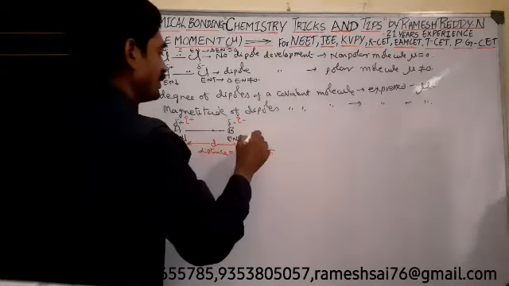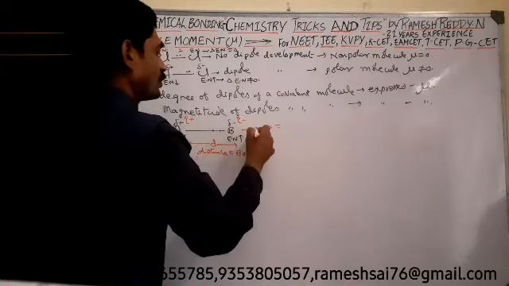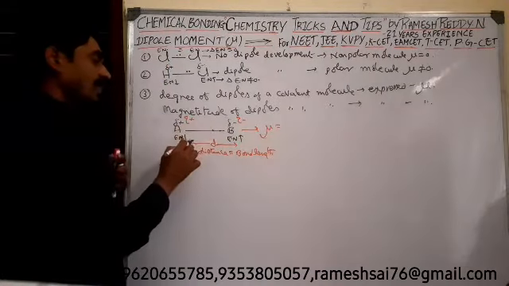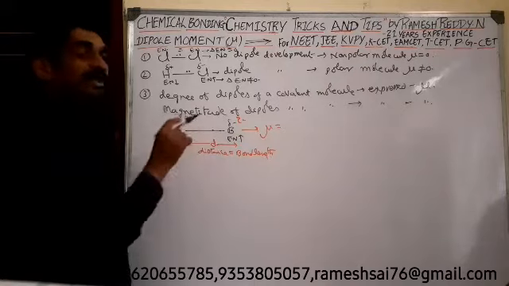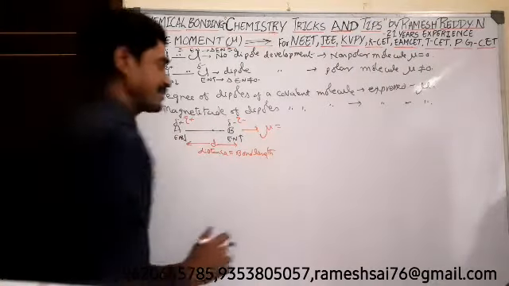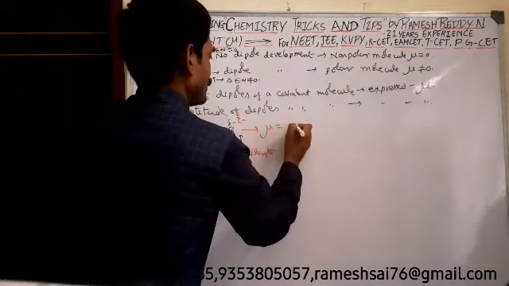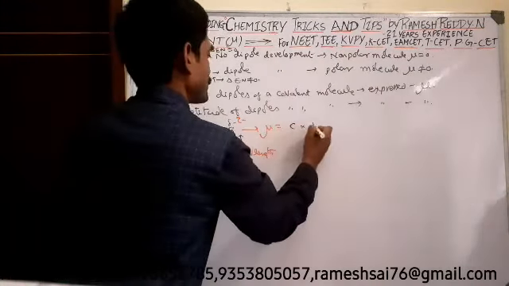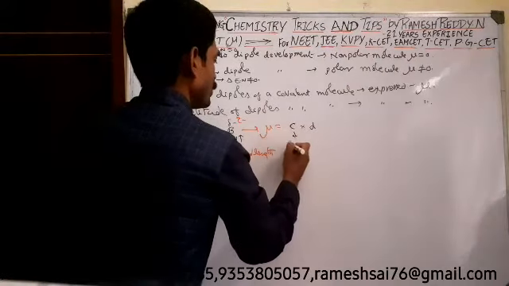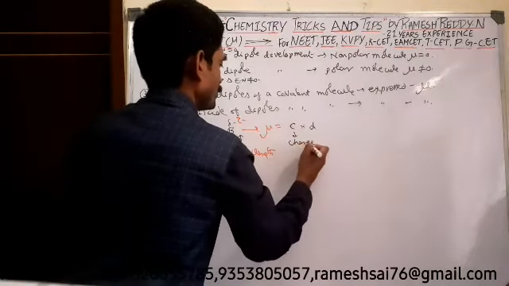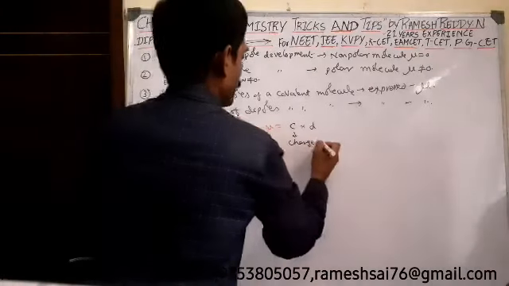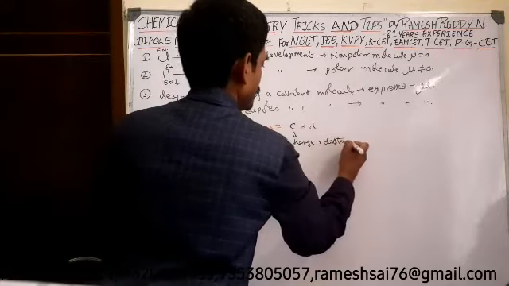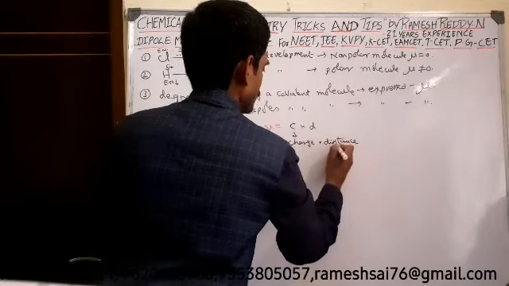Then how to define dipole moment? It is the product of charge and the distance between the positive and negative centers of the atoms. So dipole moment is equal to charge, symbol C, into distance d. What is C here? The charge of the two atoms, positive and negative, and d is the distance between the positive and negative ends of the two atoms.